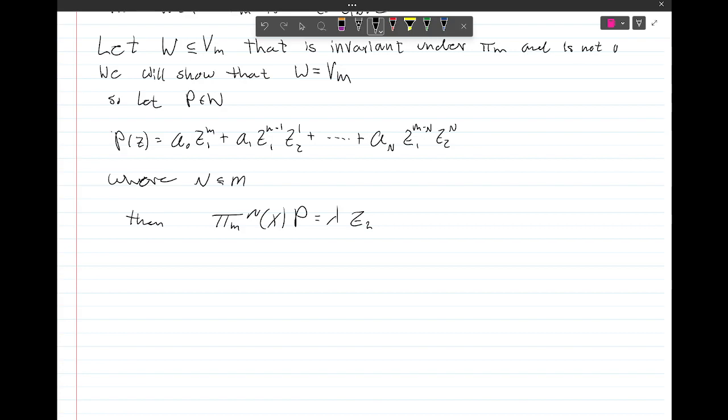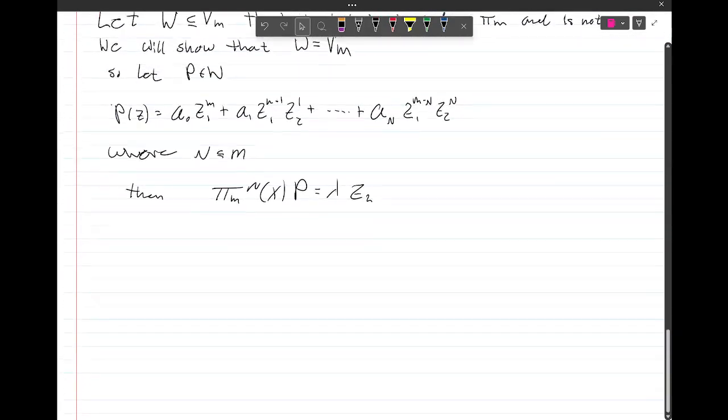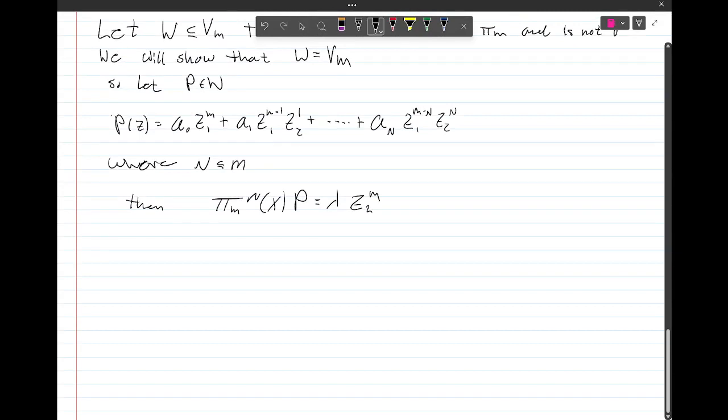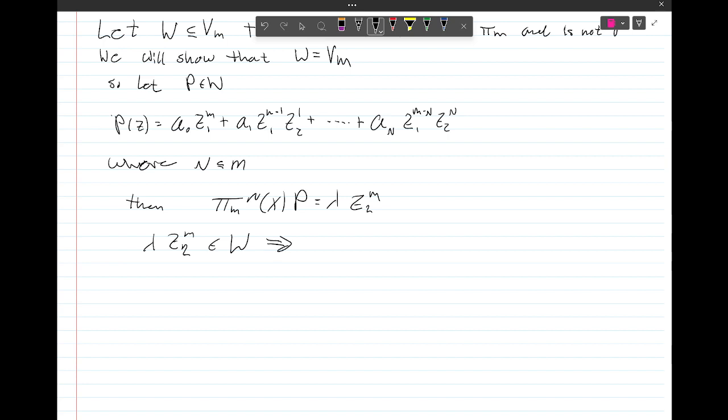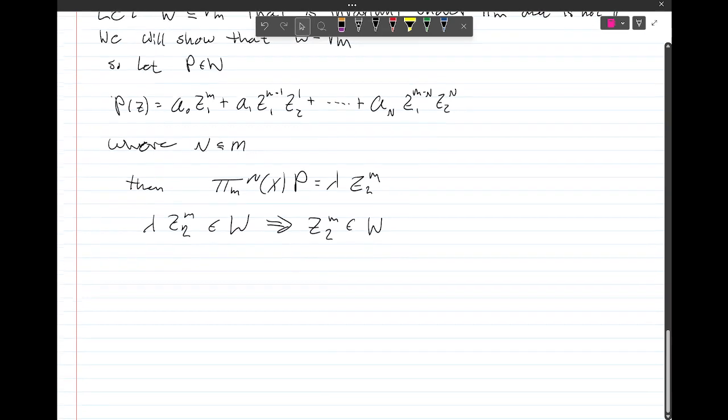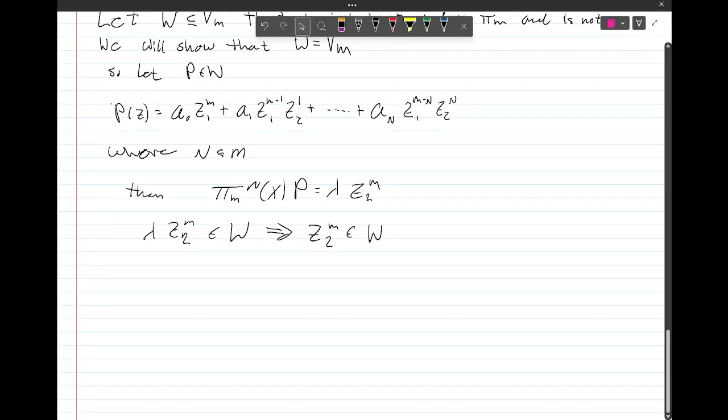to the m, and then because some constant multiple of z2 to the m is in W, because we said this was an invariant subspace, we then have just the basis vector, the monic basis vector z2^m, also in the subspace.